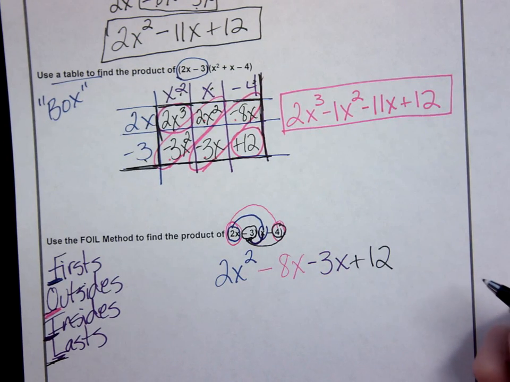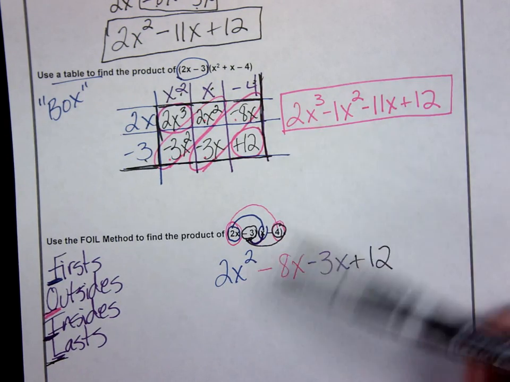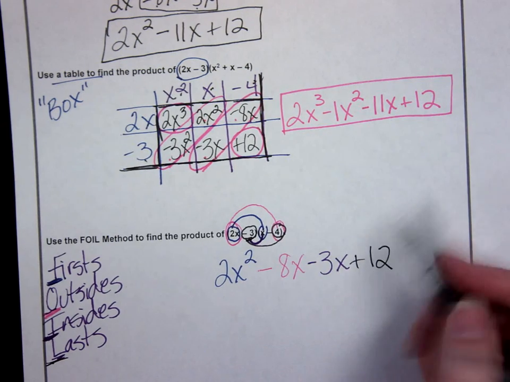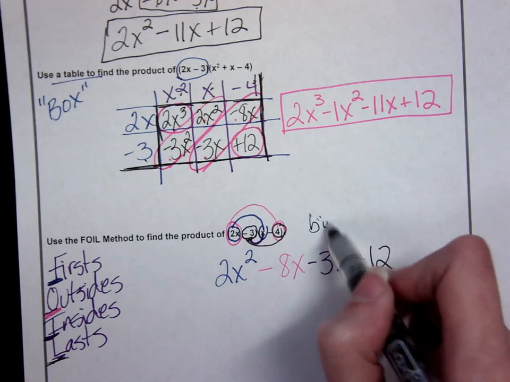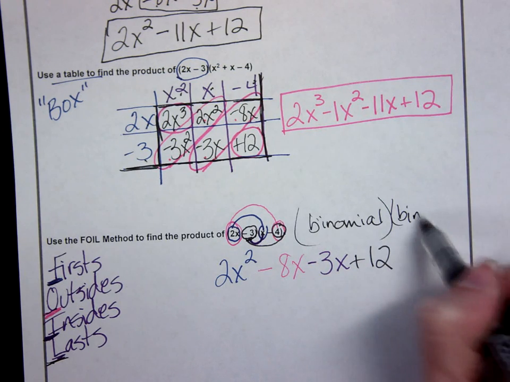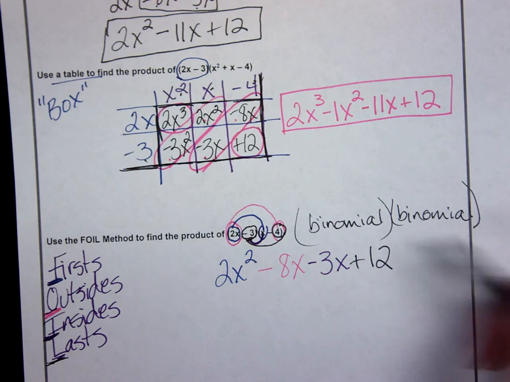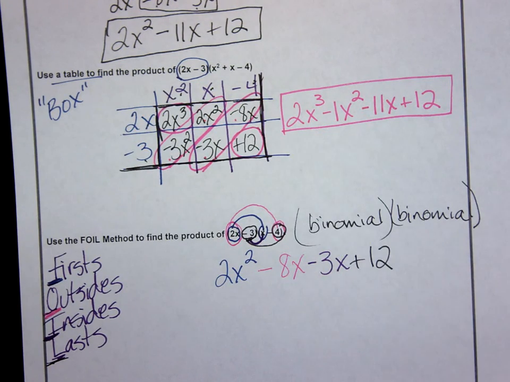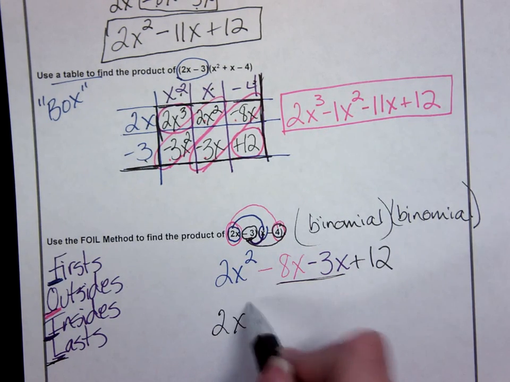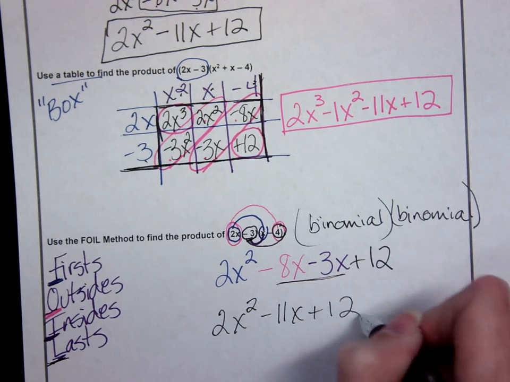Okay. So it's basically the same distribution method, but FOIL only works when you have a binomial and a binomial. Okay, so it's fairly limited. It only works then. My like terms ended up in the middle again. 2x squared minus 11x plus 12.